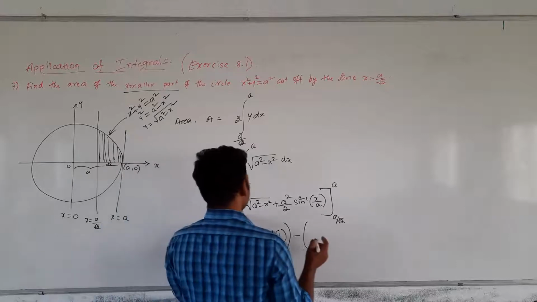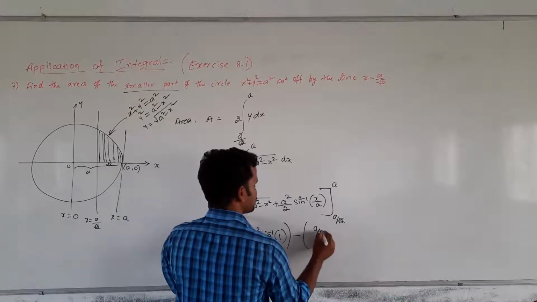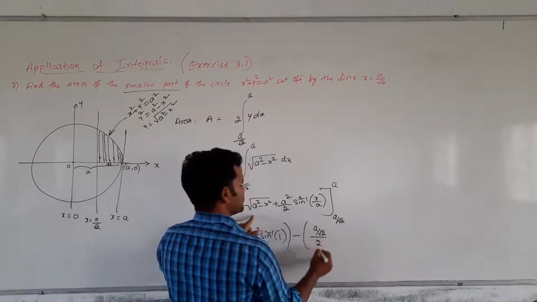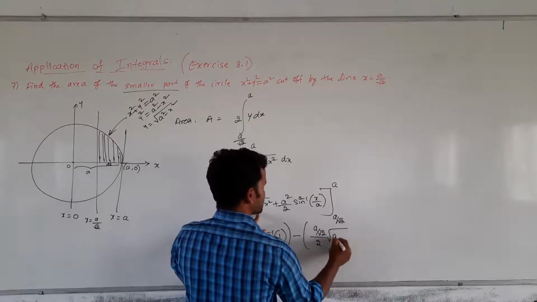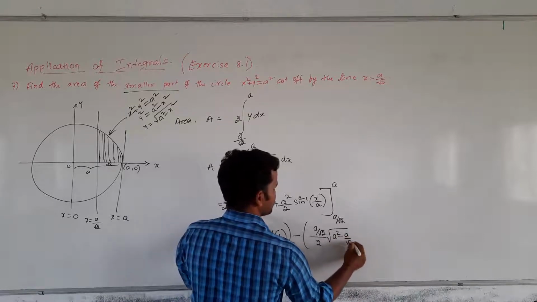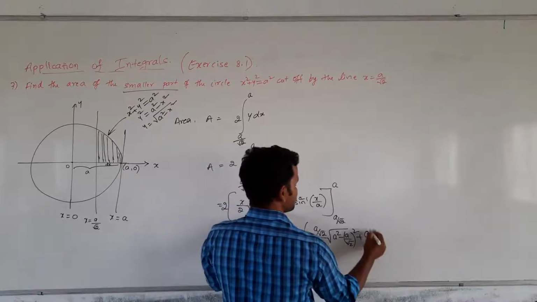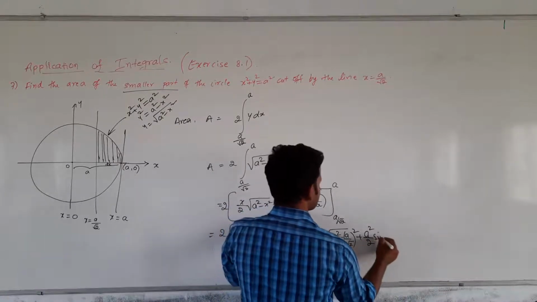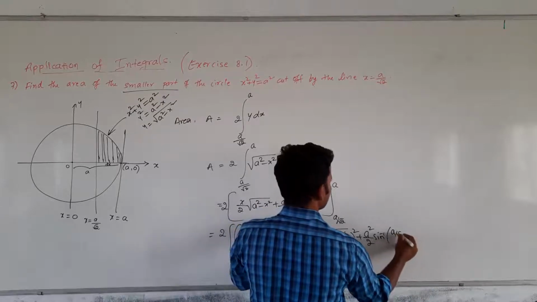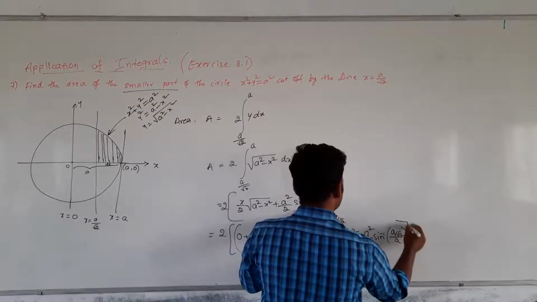We have here a by root 2 divided by 2 into square root of a square minus a by root 2 whole square, plus a square by 2 into sin inverse of a by root 2 divided by a.